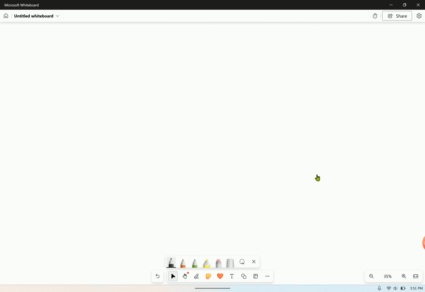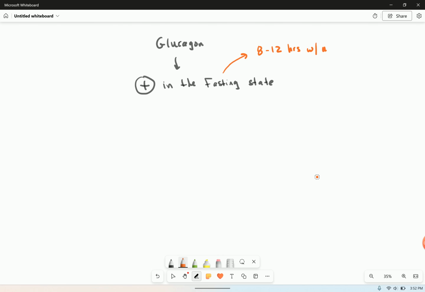Okay, glucagon. Glucagon is activated in the fasting state. By definition, fasting is about 8 to 12 hours with no food.